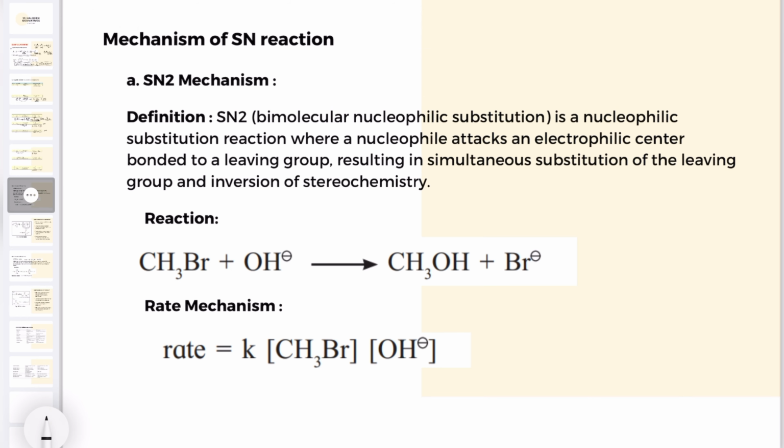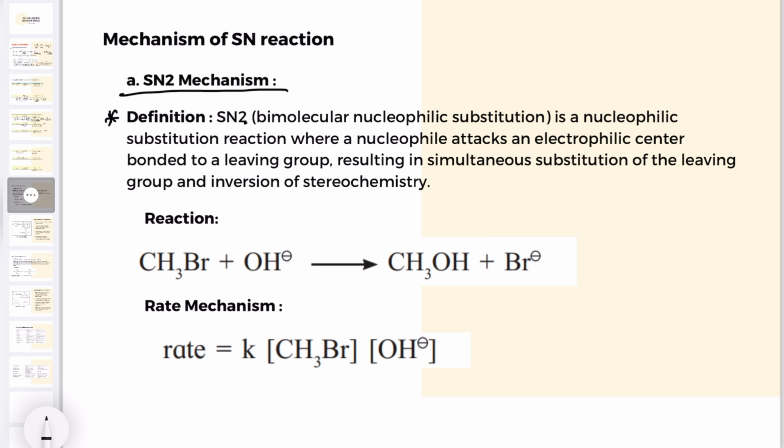Let us see the mechanism of SN reaction. In that, the first one is SN2. It is a very important reaction from the point of view of examination. First, what is meant by SN? That is nucleophilic substitution reaction. First, the definition. SN2 means bimolecular, two molecules involved.